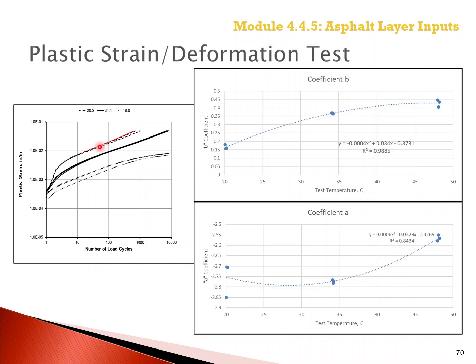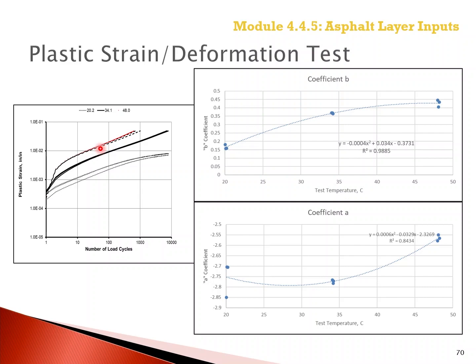A standard practice was prepared for AASHTO to provide guidelines for interpreting the outcome from the repeated load plastic deformation test to derive the plastic strain or rut depth coefficients to be entered in the PMED software. The AASHTO standard practice is available from AASHTO.